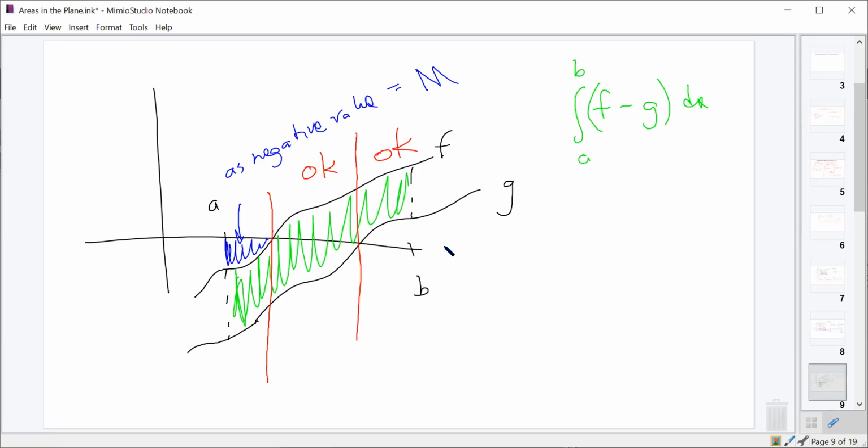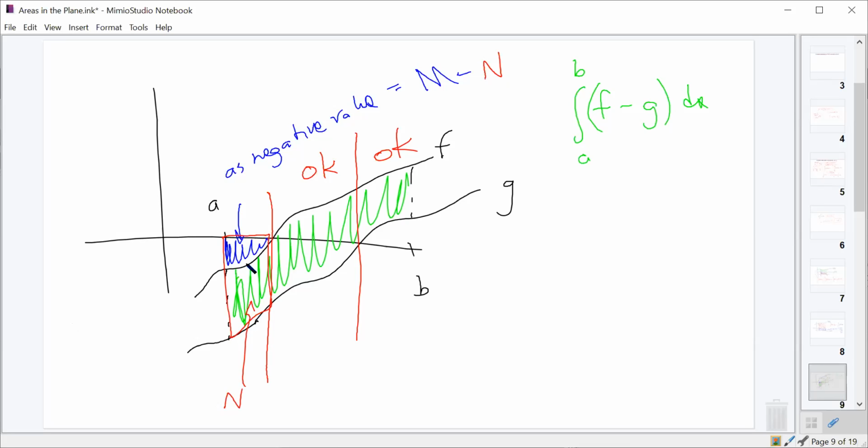Okay. And then it also gives us, when we do g, all of this, right? This green and this blue, all as a negative. So let's call this bigger section here n.